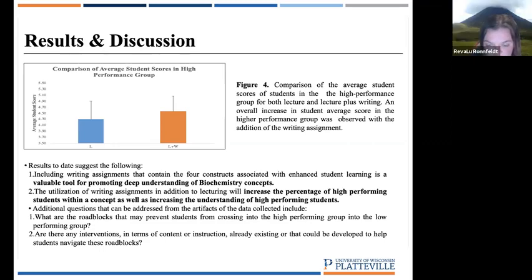And then what were our additional questions? Were there any roadblocks that may prevent students from passing from the low to the high? Mhm. And are there any interventions in terms of instruction already existing that could be developed to help students navigate these roadblocks? Yeah, and then at the end, if you want to just say thanks for watching our video, and we look forward to hearing your questions at the conference. Keep it generic so we can use it again for ACS.